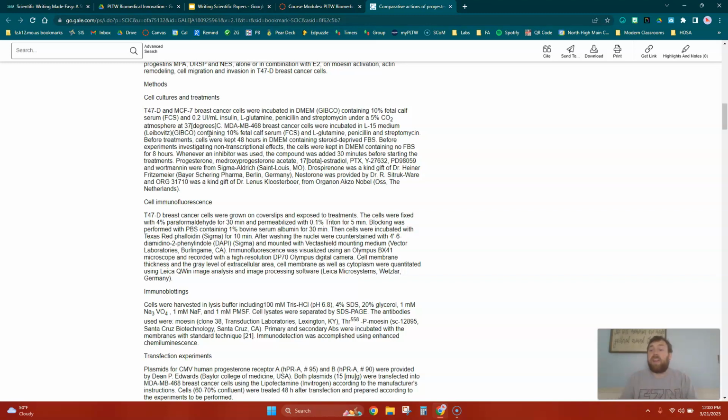So if you wrote something for your project proposal that you thought was detailed enough, you can probably do some copying and pasting here. You can also see that in this specific section, anytime that there's a material used or a chemical used or a piece of equipment, like you can see, they got the progesterone, MDA, and 17 beta estriol here.